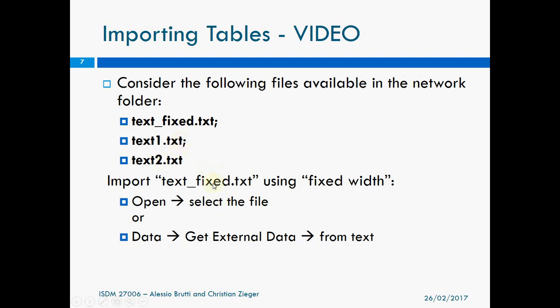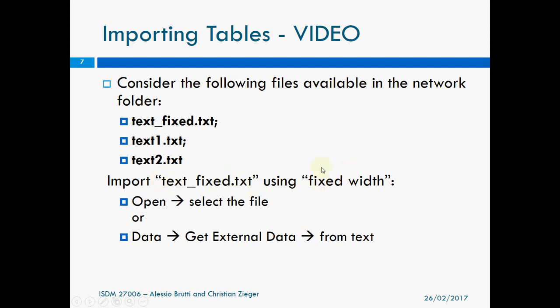The first point of the exercise is about how to import text file using the fixed width option. You have here two ways to do it. You can use open and then select file, or you can use get external data from the data menu and then from text, and then you have to look for these files on your computer.